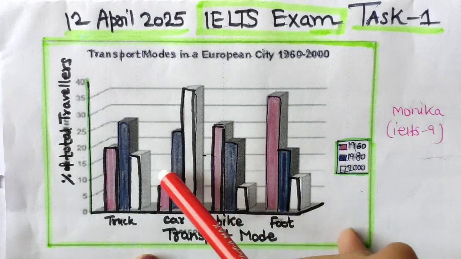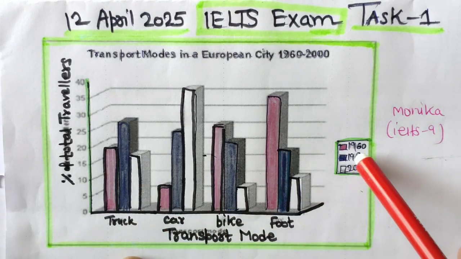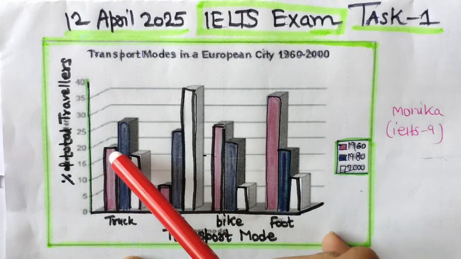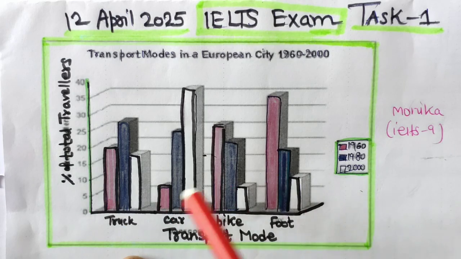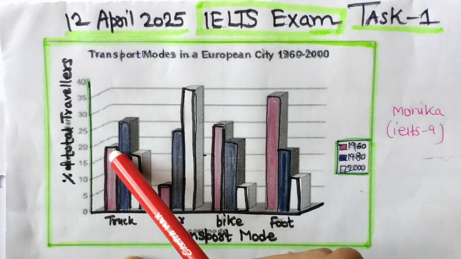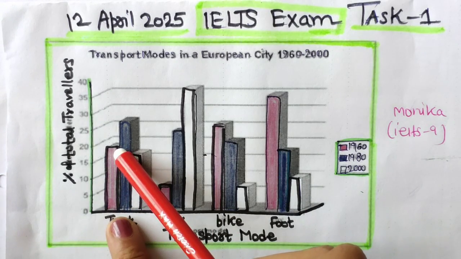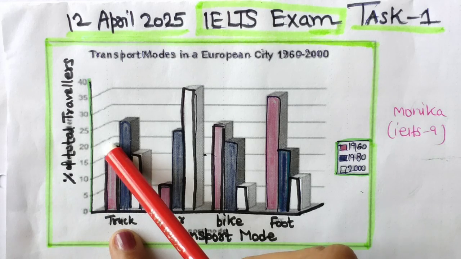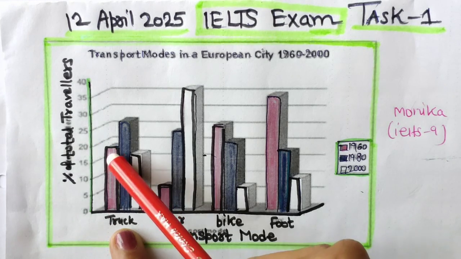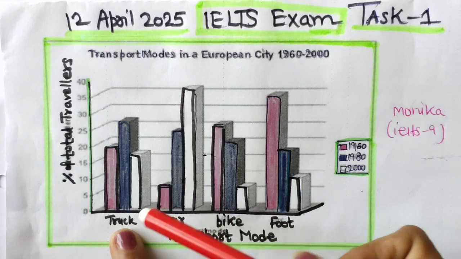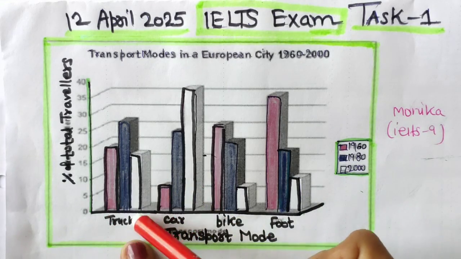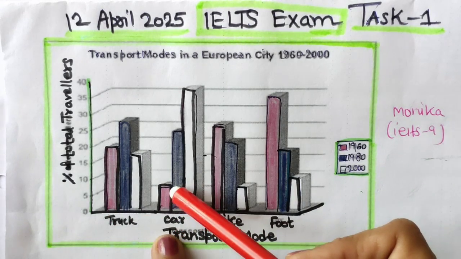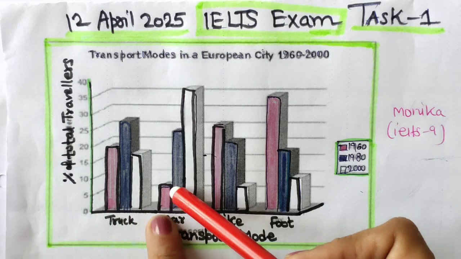In 1960, just compare the pink one. We can see trucks, people were using less than 20%, means around 17% of travelers were using trucks, means including all heavy vehicles, they mean to say. And cars, they were using 5%.